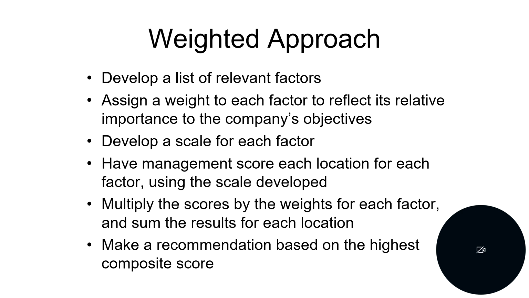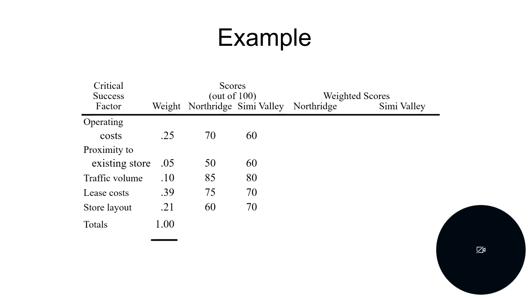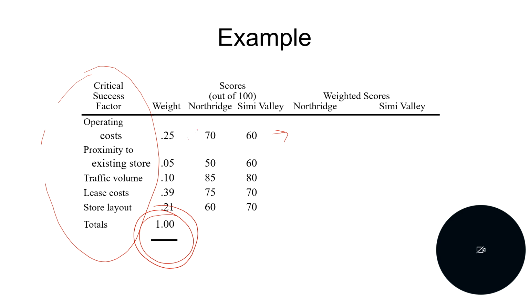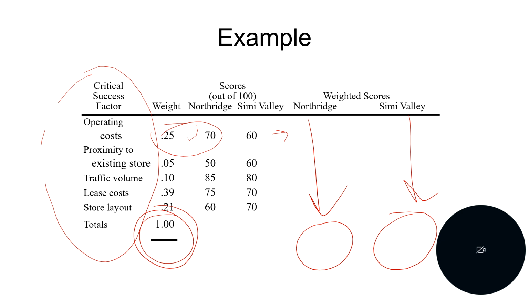We want the highest total score to be our winner, and it's also important to know that the weights assigned are going to add up to 1. I won't do the entire example, but we can see right here that they add up to 1. These are the factors that we found important. Then if we find our scores, we multiply these all throughout and see which one has a greater sum.